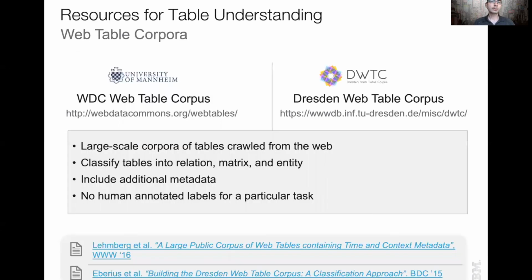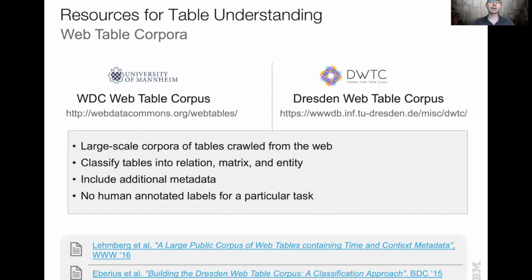When we're talking about table understanding, two of the first resources that we should mention are two very big web table corpora, the WDC Web Table Corpus from Web Data Commons, and the Dresden Web Table Corpus.